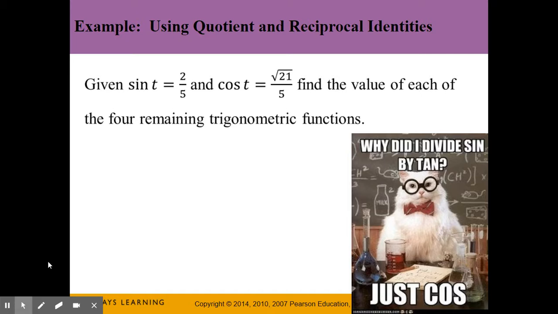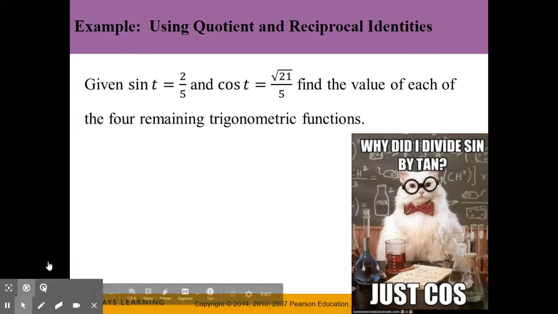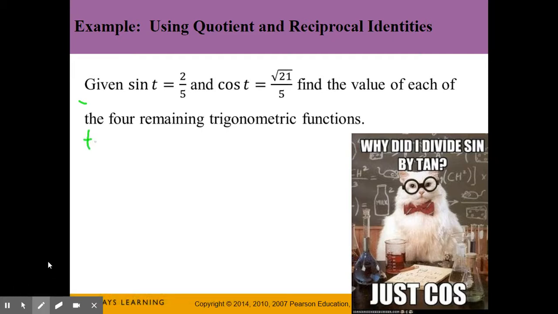So given sine of t is 2/5, and cosine of t is root 21 over 5, find the value of each of the 4 remaining functions. Doesn't matter which one we do. Let's just do tangent first. Tangent is going to be 2/5 divided by root 21 over 5.